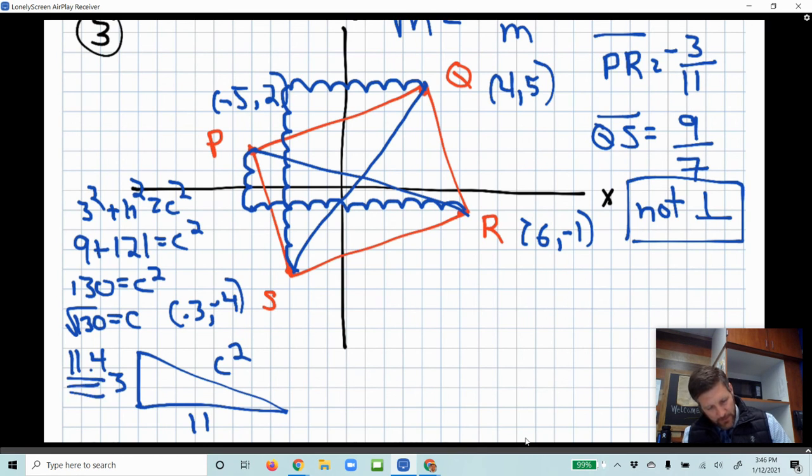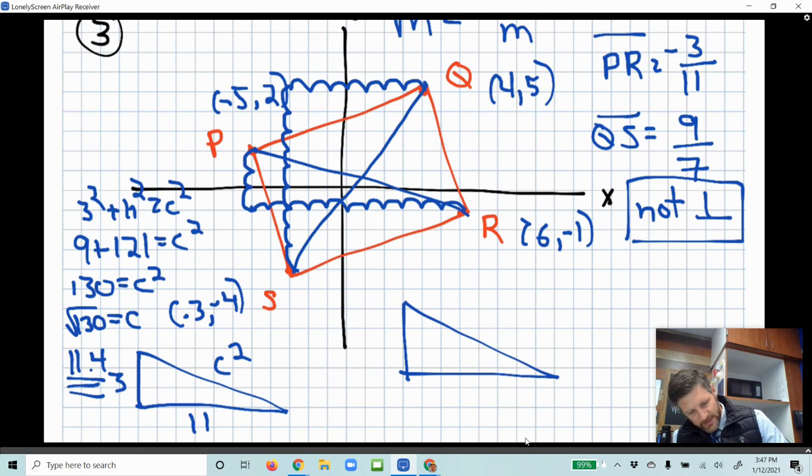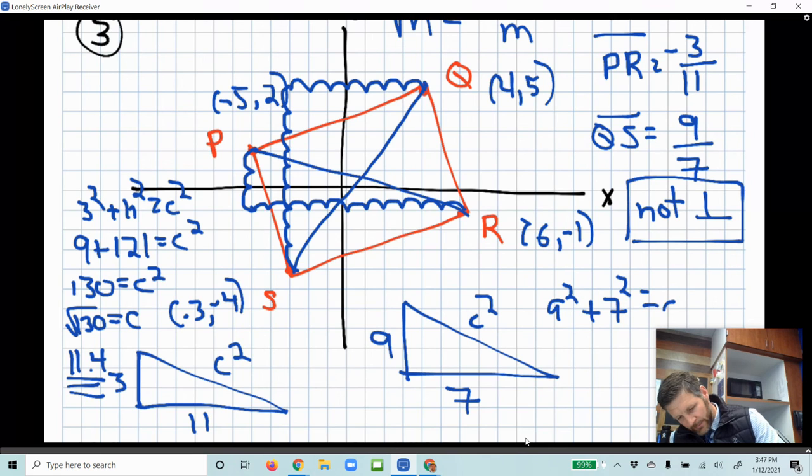Okay, so let's check QS and see if they're in fact the same distance. Even though your legs are different, your hypotenuse could still theoretically be the same. So let's find out, but I'm doubtful. So the other triangle formed is one that we said was up 9 and it ran 7. So that means we're going to do 9 squared plus 7 squared equals c squared.